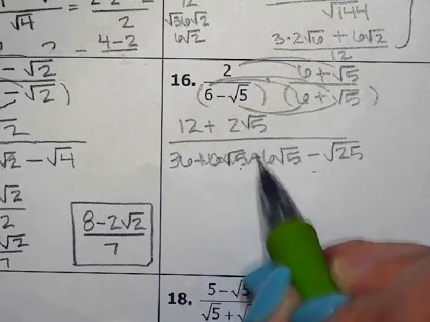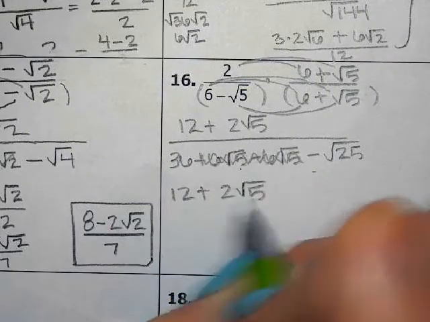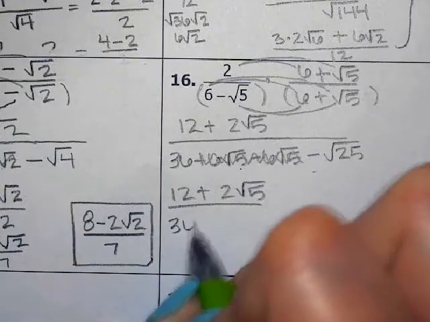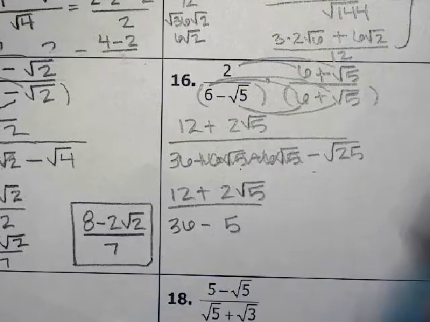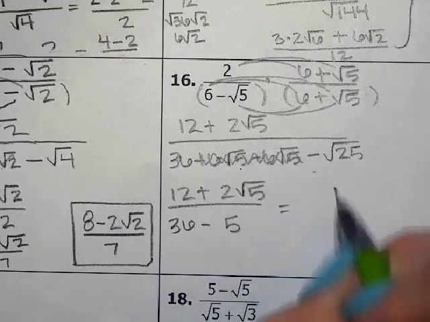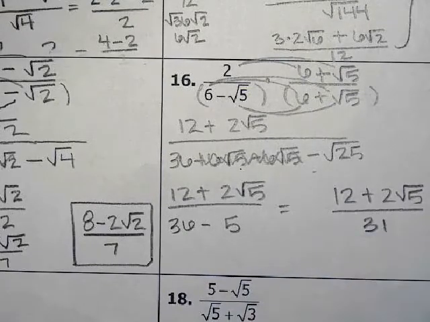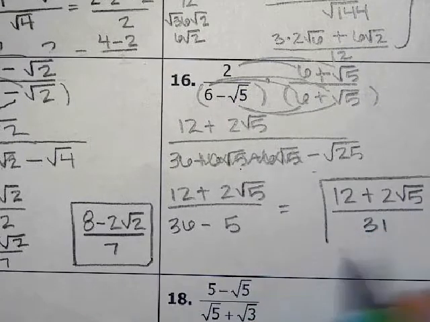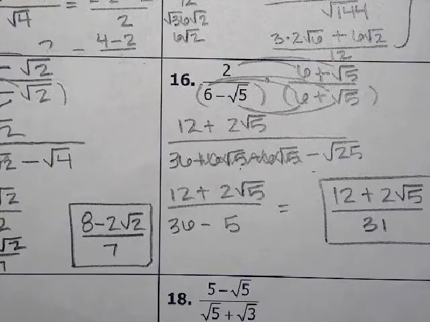They will always cancel out. 36 minus the square root of 25 is 5. So that one's just done. Okay, so that one worked out nicely.